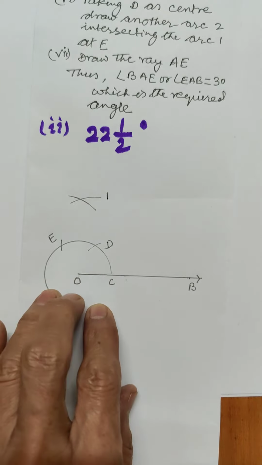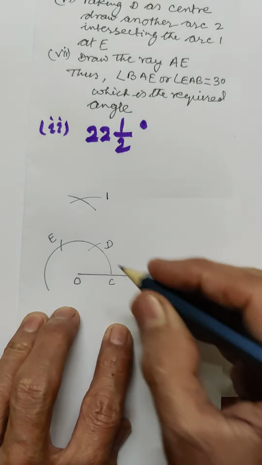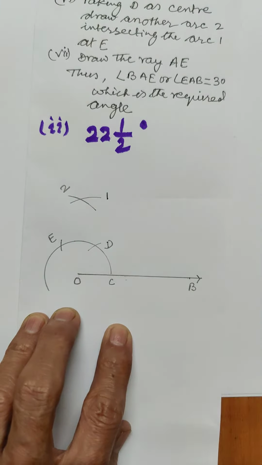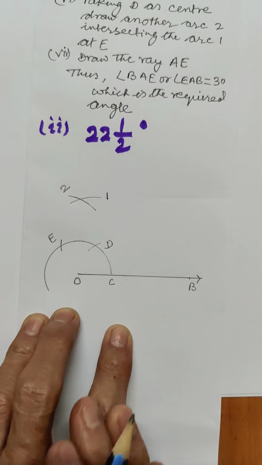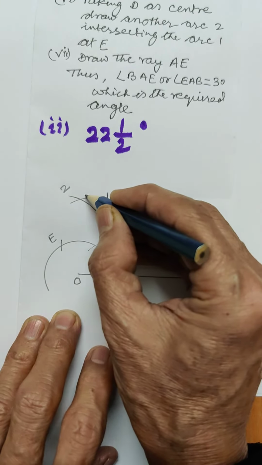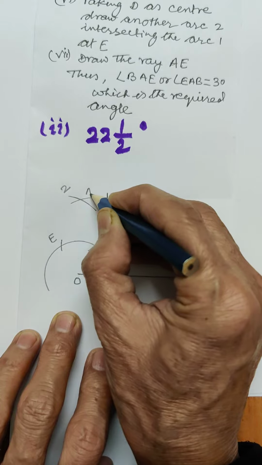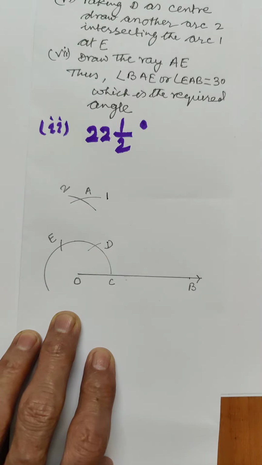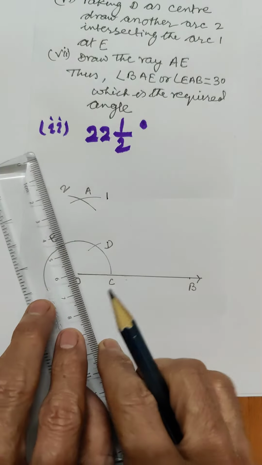Say it is arc number 2. Say the arcs intersect at A. Draw a ray joining OA.